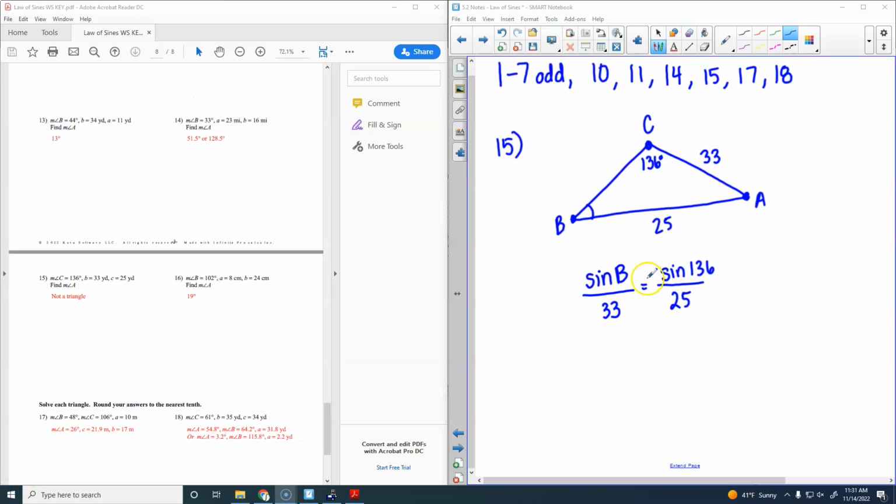Okay, so for this, you're going to cross multiply. You will get sine of b times 25, so 25 out front, 25 sine b equals 33 sine of 136. And you will divide by 25.